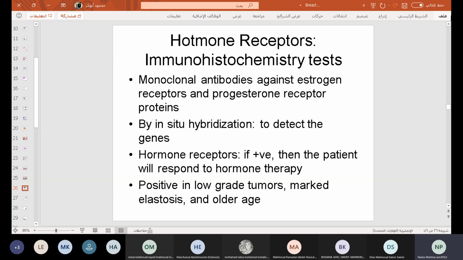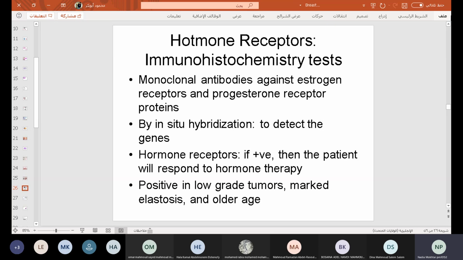We give antibody against the estrogen, and if estrogen is present, it will unite to form an antigen-antibody reaction that has a brownish coloration. Under the microscope we can see.